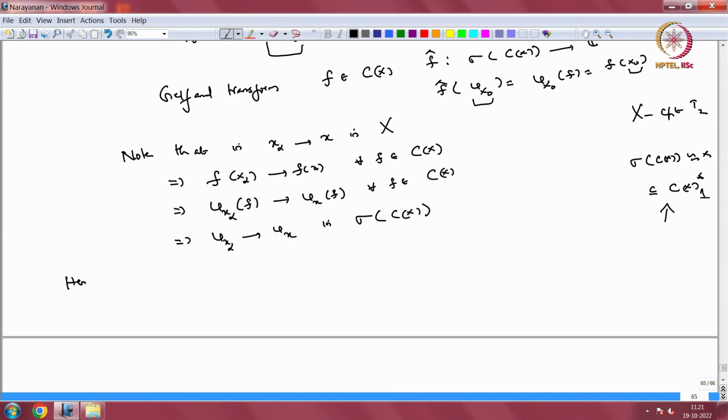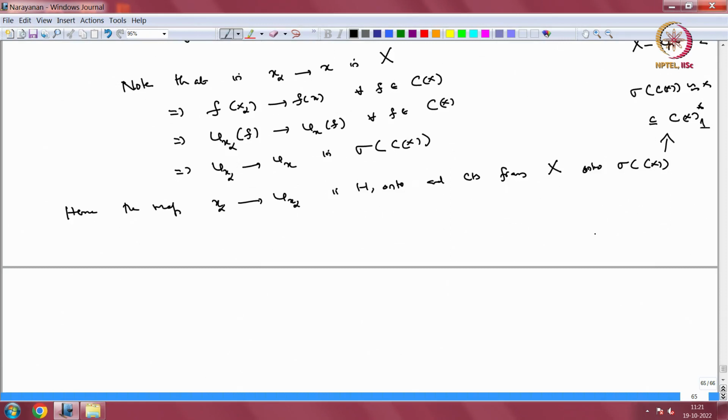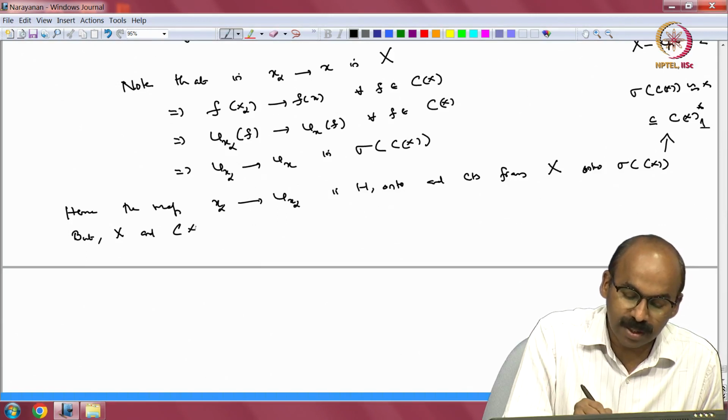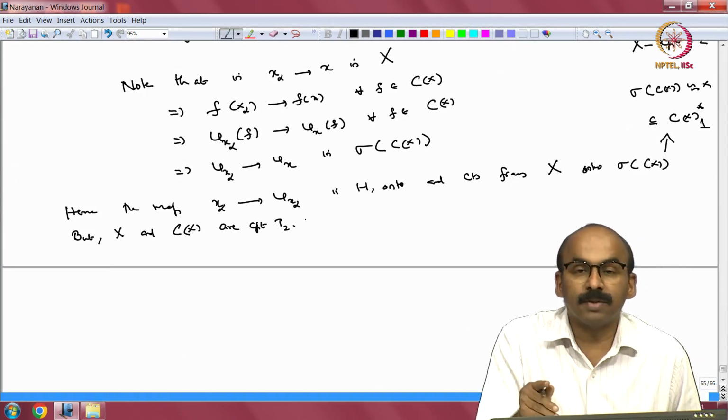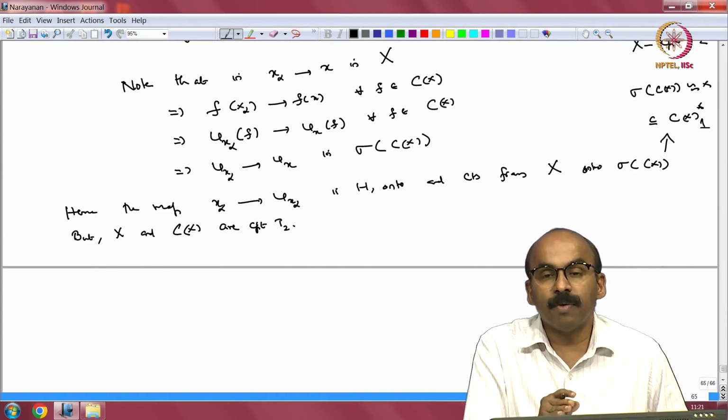Hence the map x alpha going to phi sub x alpha is, as we already know, one-one onto, and a continuous map from X onto sigma of C of X. But both spaces are compact and T2, compact Hausdorff spaces, and I have a one-one onto continuous map from one space to the other.